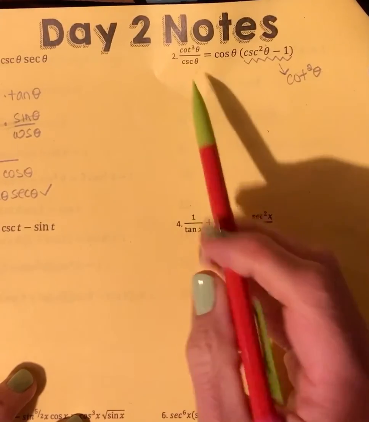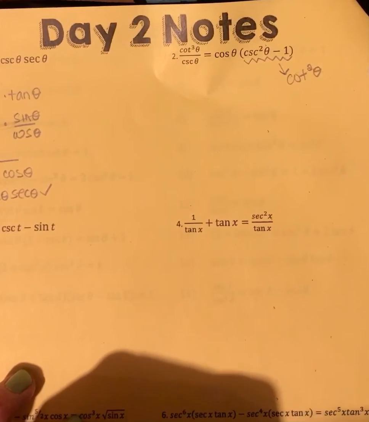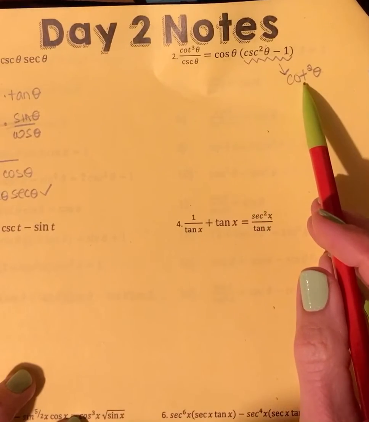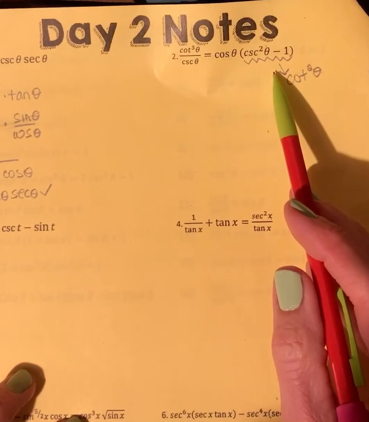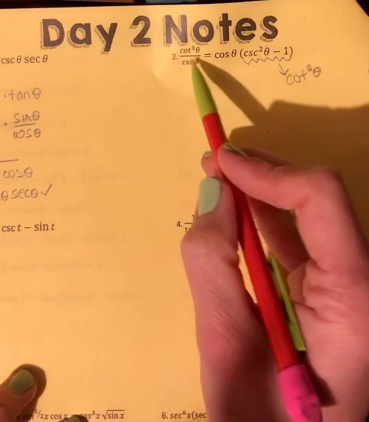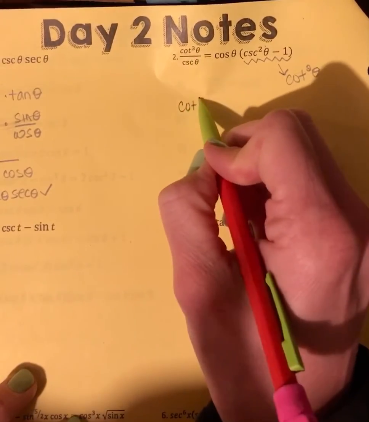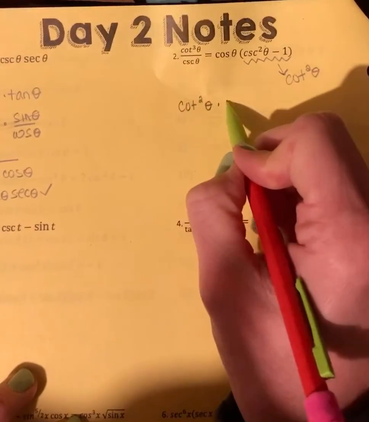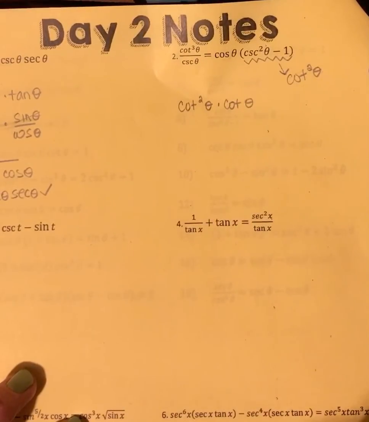Okay. If I look on the left side, I have cotangent cubed theta. Well, if I had a cotangent squared, I could make it into cosecant squared minus 1. So I'm going to change this cotangent cubed to cotangent squared theta times cotangent theta.